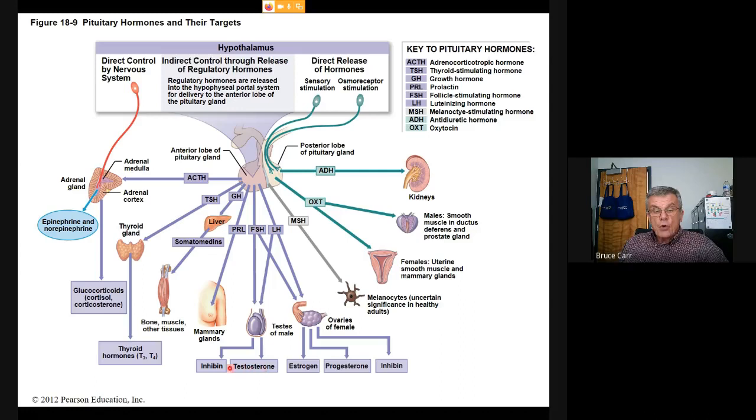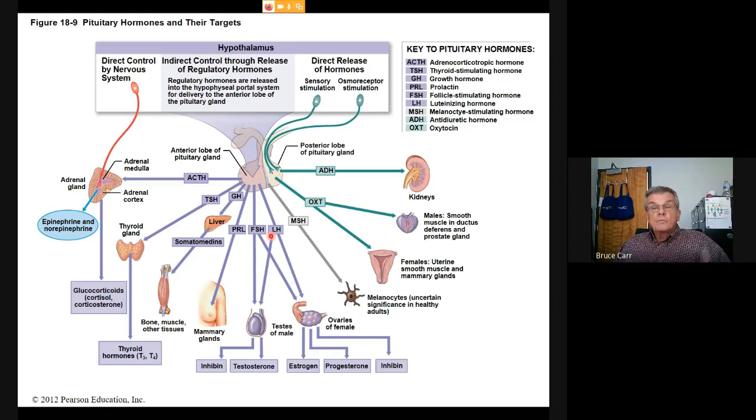Look at the hormones that are produced by those overall regulating hormones. This whole central line coming down through FSH and LH really represents our sexual differentiation, controls the production of our appearances, our secondary sexual characteristics, regulates the activation of our gamete production.